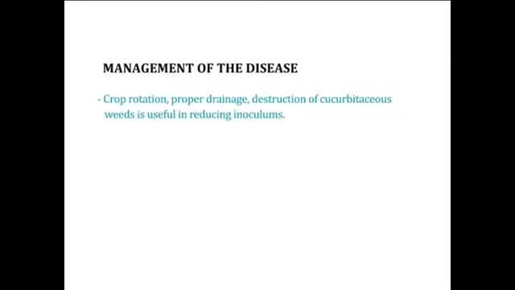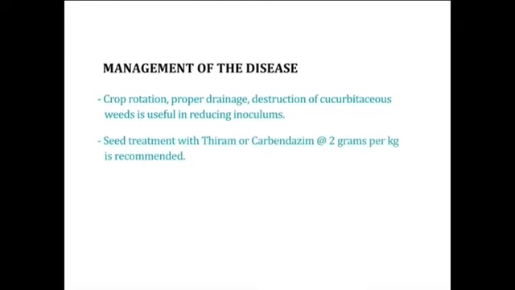Now coming to the management of the disease. Crop rotation, proper drainage, and destruction of cucurbitaceous weeds are useful in reducing inoculum. Seed treatment with thiram or carbendazim at the rate of 2 grams per kg is recommended.